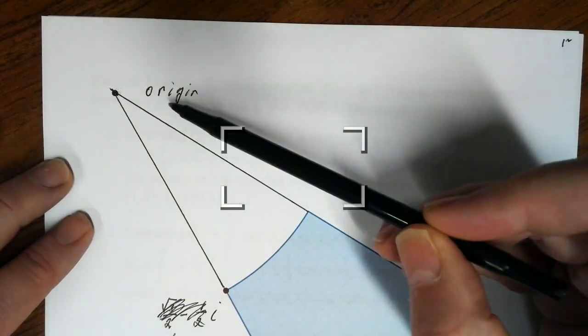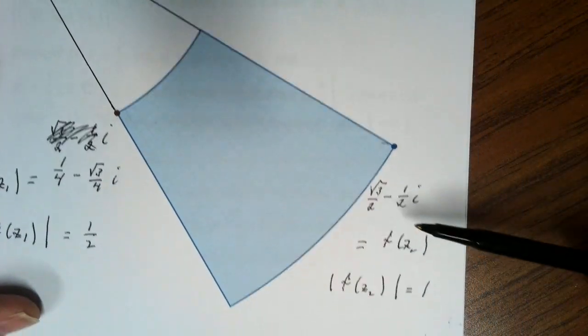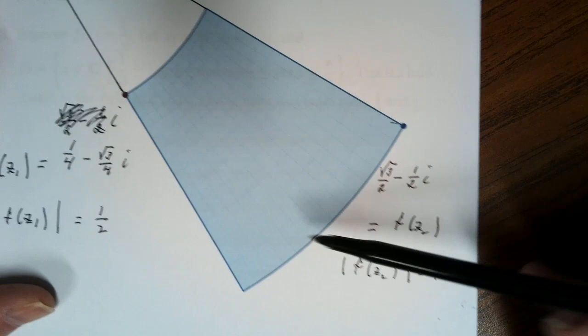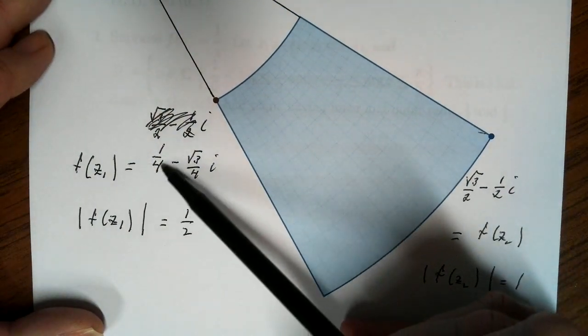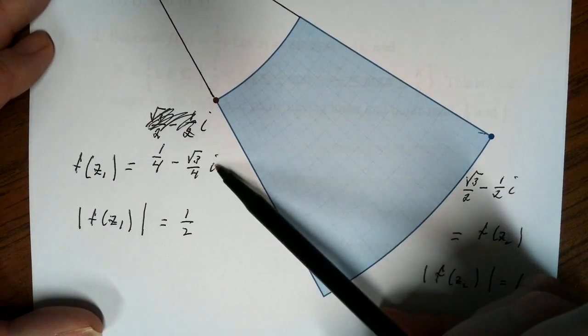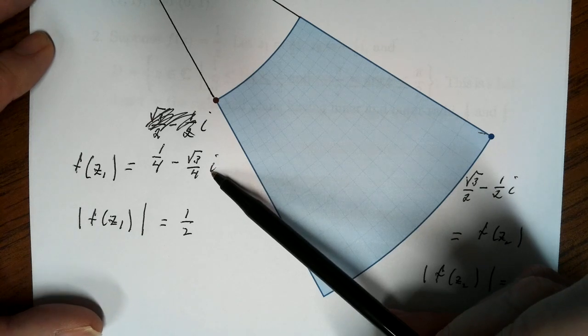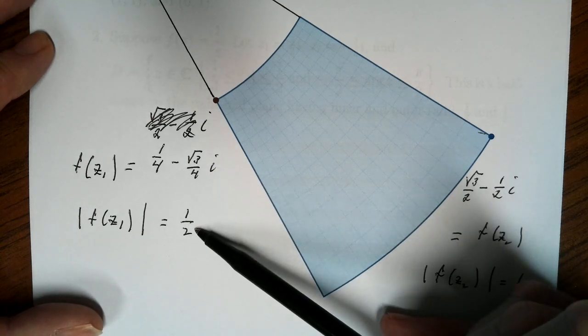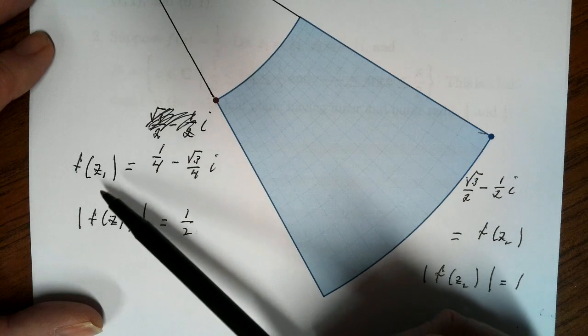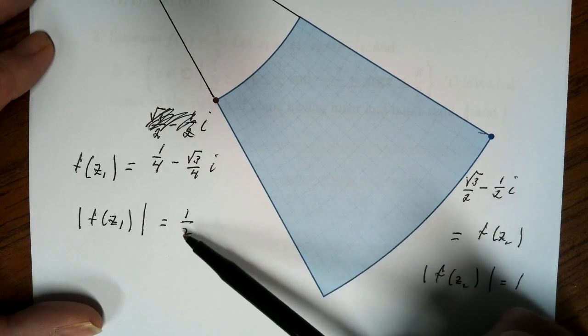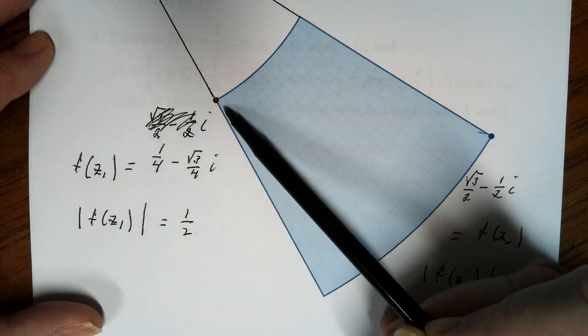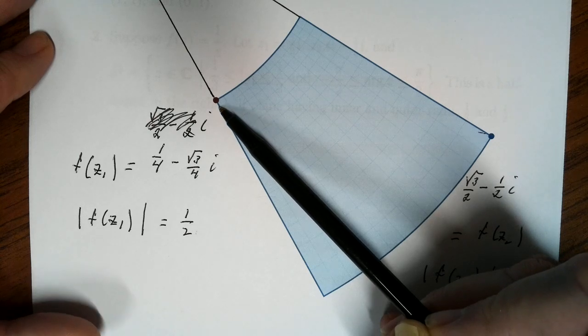So now the origin is up here. So f of z1 would be 1/4 minus root 3 over 4i. We calculated that a few moments ago. The modulus of that is a half. That makes sense. z1 had a modulus of 2. This has a modulus of 1/2. That corresponds to this point up here.